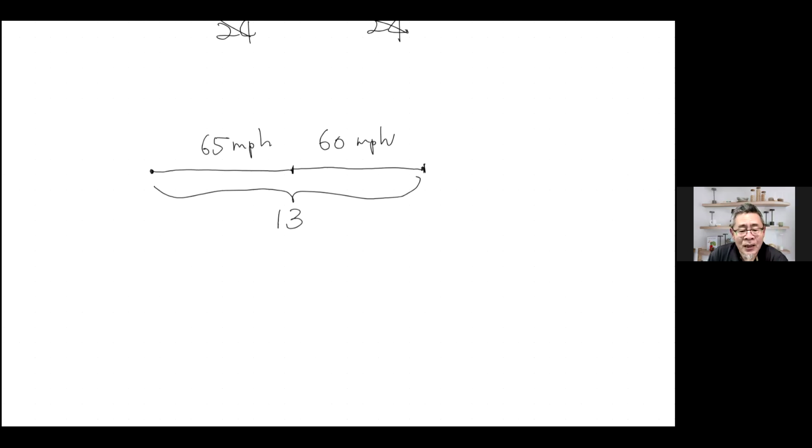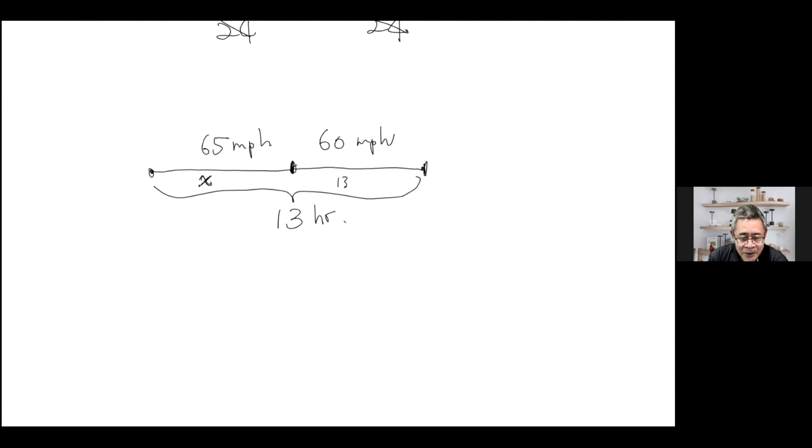Okay, so we know the speed from here to here, which is half the distance, and here to here is the other half of the distance. Now, for the first half, if we spend x hours, then the second half will be 13 minus x hours.